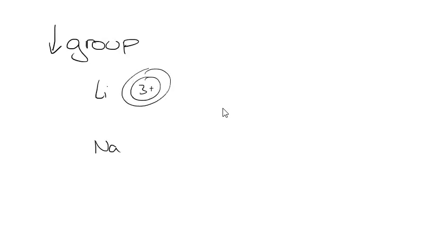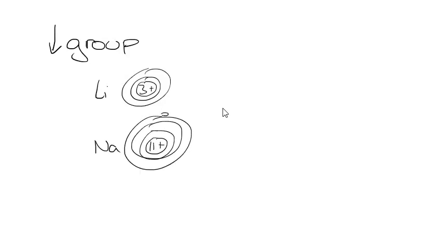So if we were going down a group, what would happen? Let's say we've got lithium and sodium. Lithium's got 3 protons and 2 outer shells. I'll do another nucleus, and then sodium's got 11 protons and 3 outer shells, with 1 electron for both of them in their final shell.